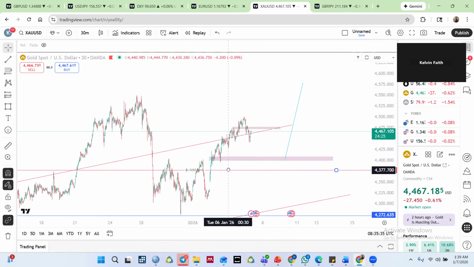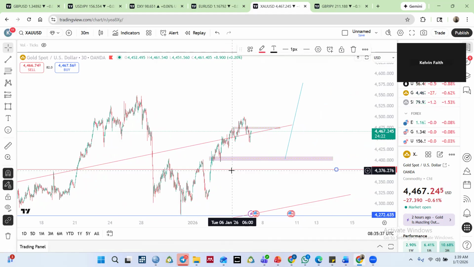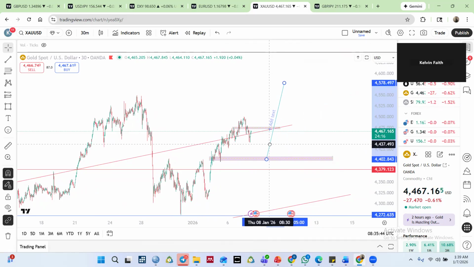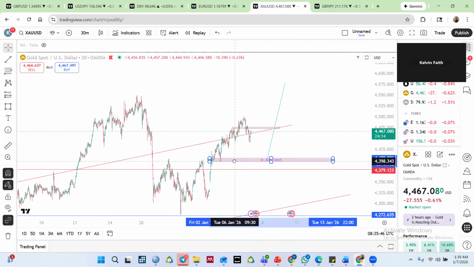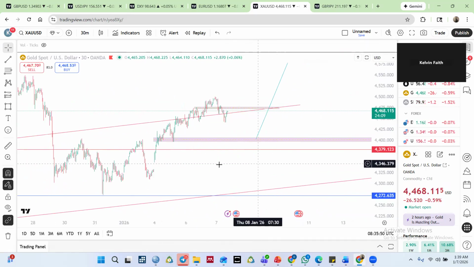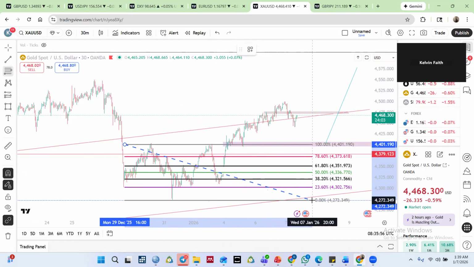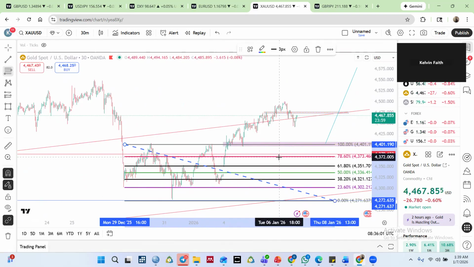But if it comes to the red line again, that's going to be very nice. But I'll look to see if it will come back to this area that it broke, and then let's say price broke this high out. Where is 78.6%? 78.6% is exactly where the red line is.